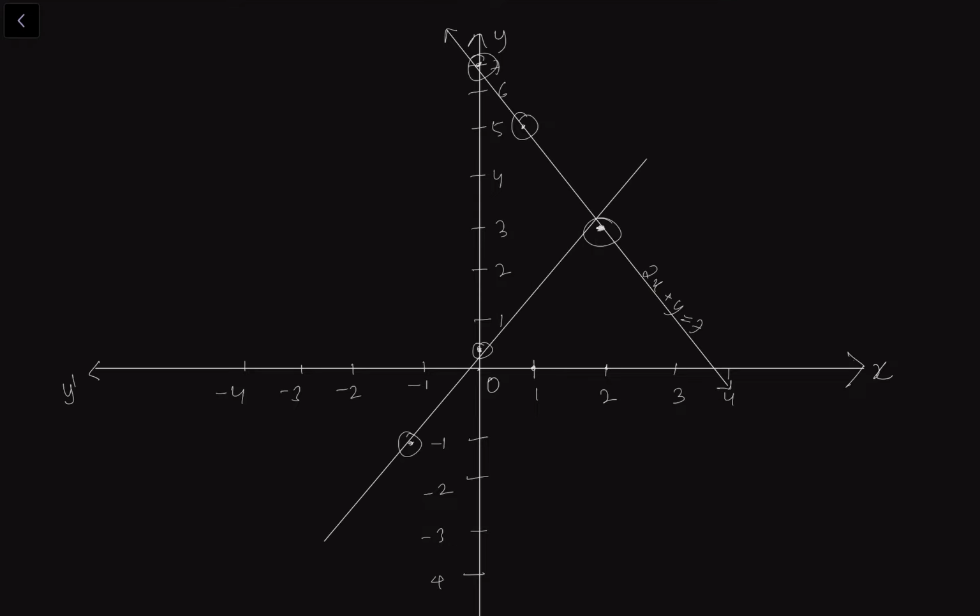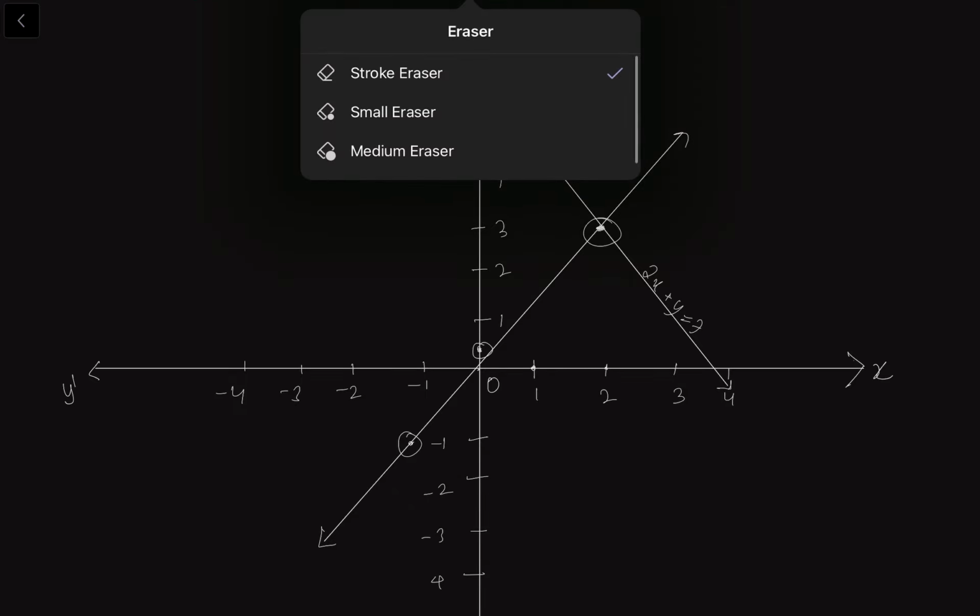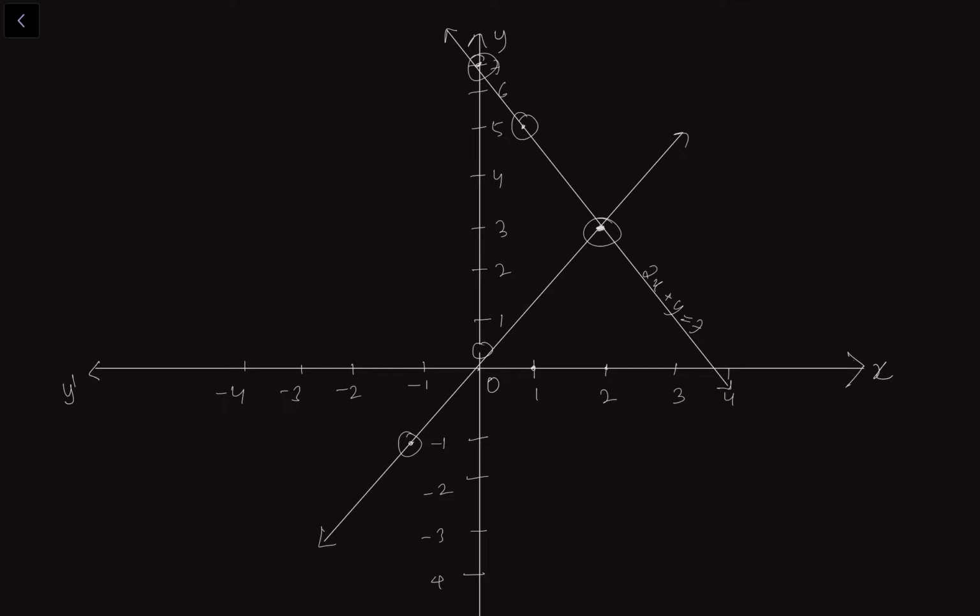So let me draw the graph. Again, this is not very straight because, like I said, my spacing is not very correct. 0.33 will be here. Let me fix it for you.